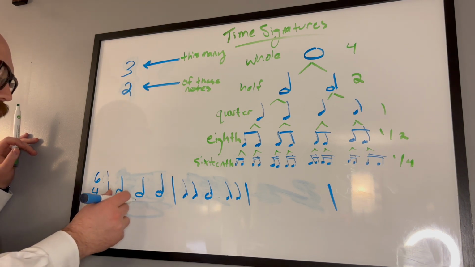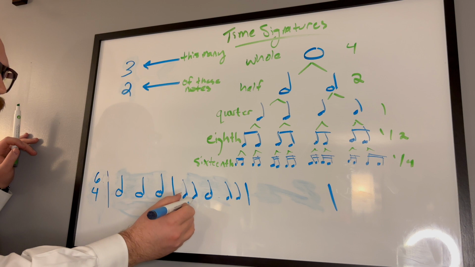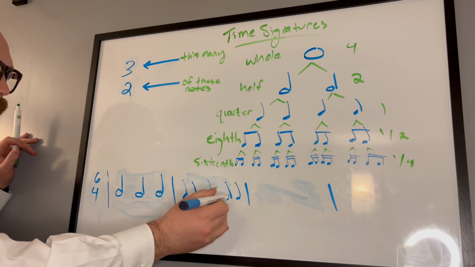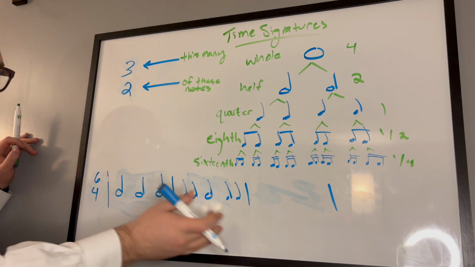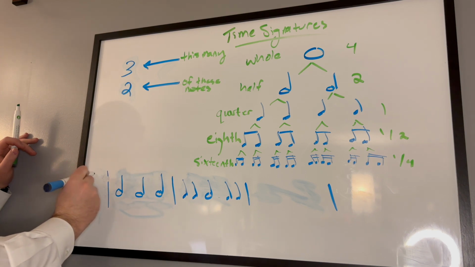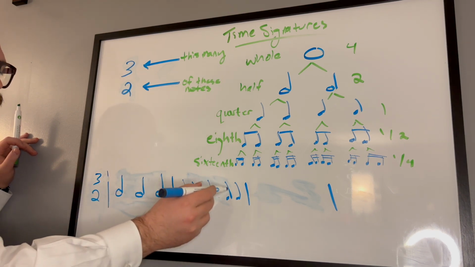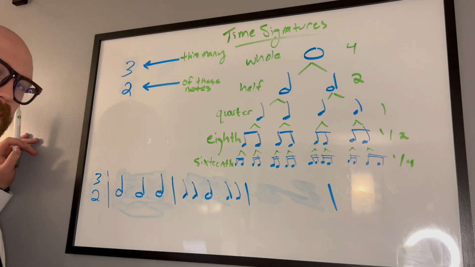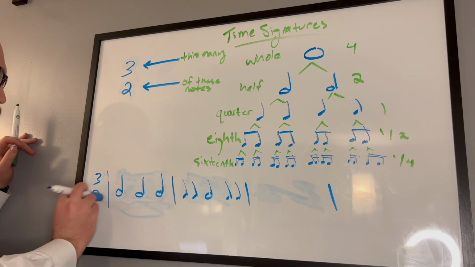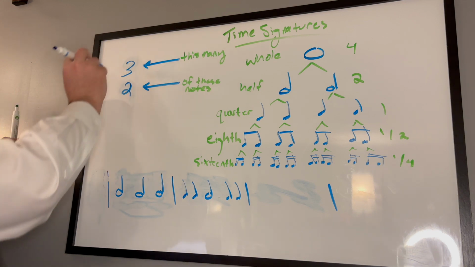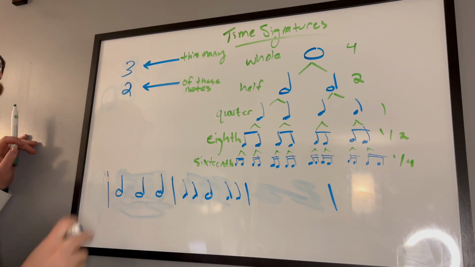That would be 1, 2, 3, 4, 5, 6. Right? You'd count all the way to 6, instead of 1, 2, 3, 1 and 2, 3 and. Okay? So that's where it starts to get complicated. This many of these, and this defines what gets the beat.